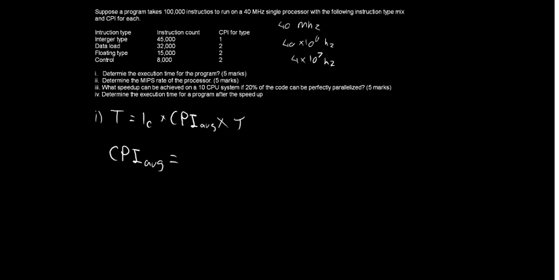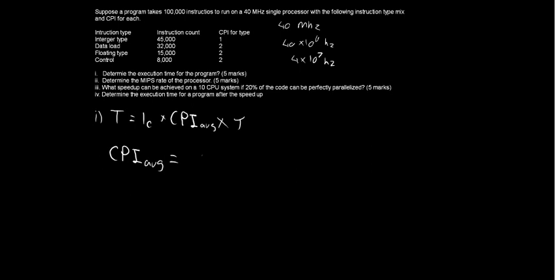So remember the formula for CPI, right? This is going to be 45,000 over 100,000, which is just 0.45. I could write it all out, but we can just do that in our head, it's fine.